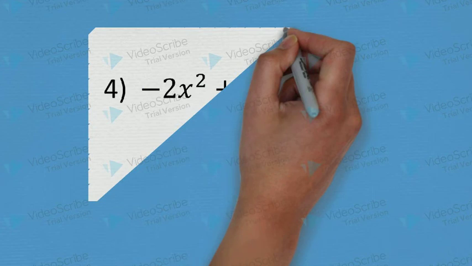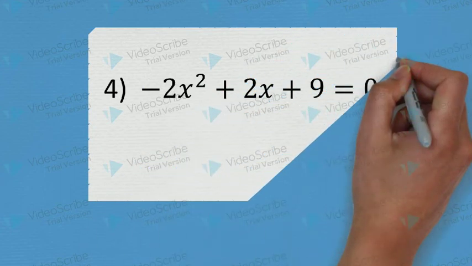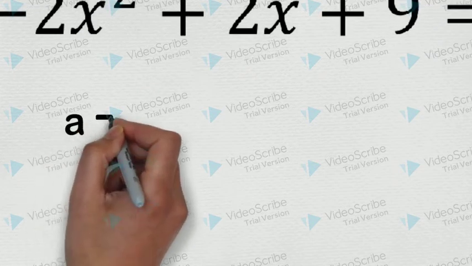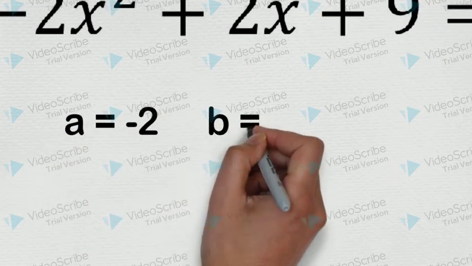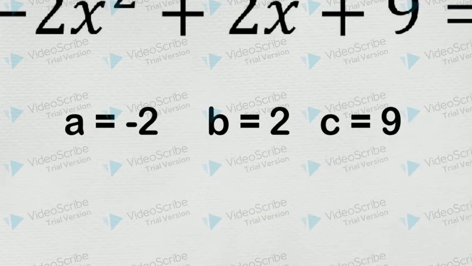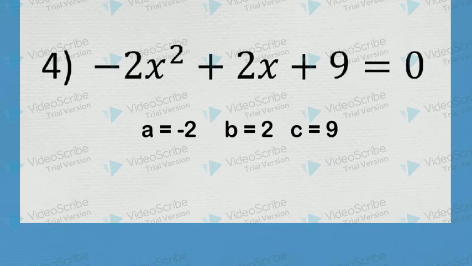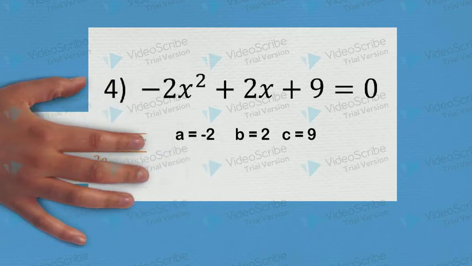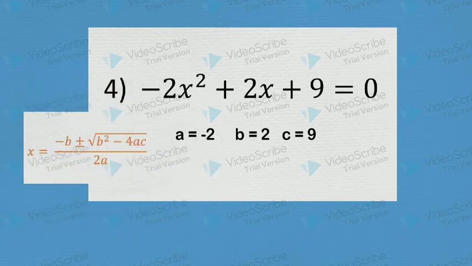Now let's look at number 4. Negative 2x squared plus 2x plus 9 equals 0. Let's see if you answered correctly when you labeled your coefficients. A should equal negative 2, b equals 2, and c equals 9. Great. Now let's substitute our values into the quadratic formula.